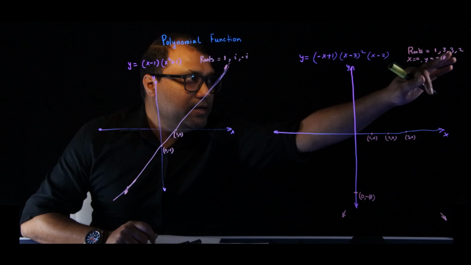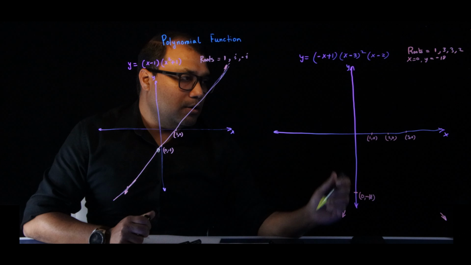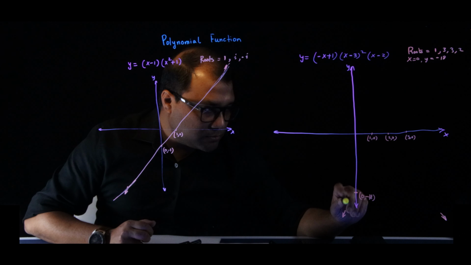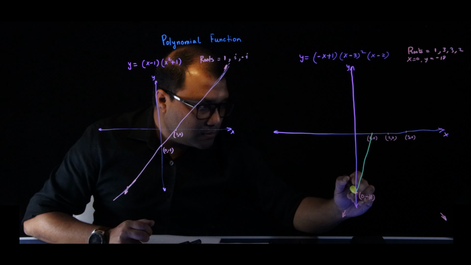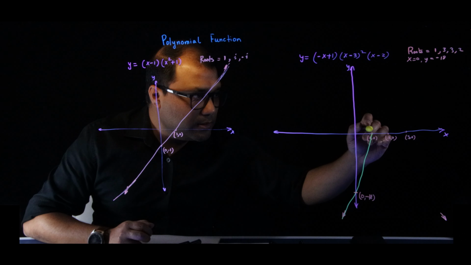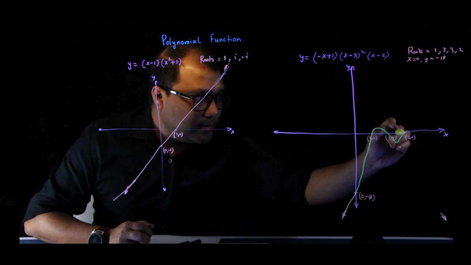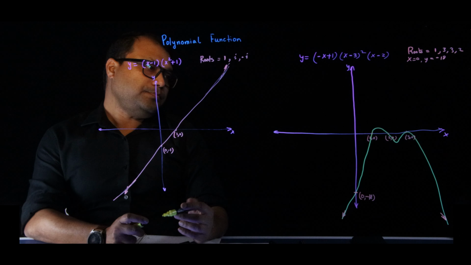So there is a repeated root at 3. Which means it will touch 3 comma 0. It will not cross 3 comma 0. So how do we do this? The curve passes through this point, it crosses this point, it crosses this point, and it touches this point and goes down like this.